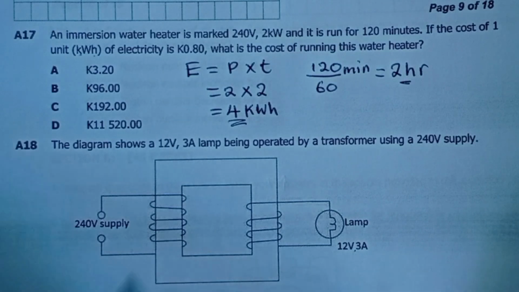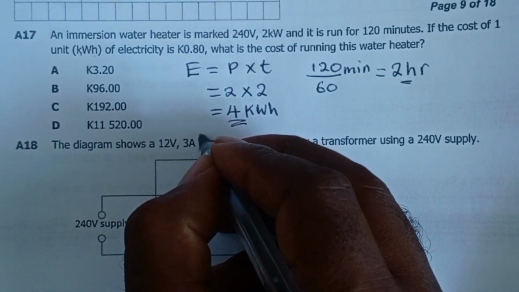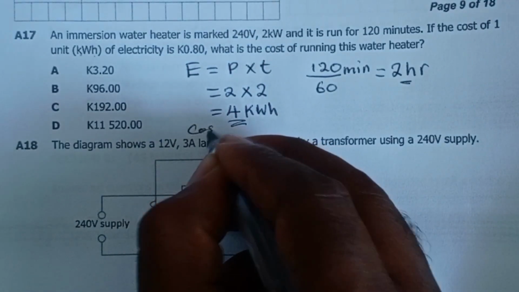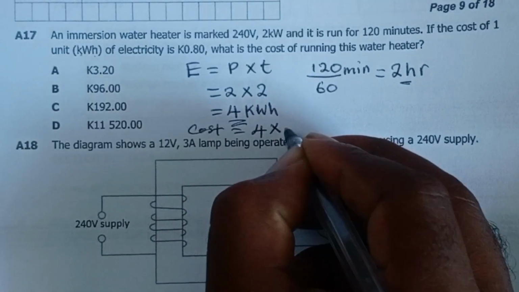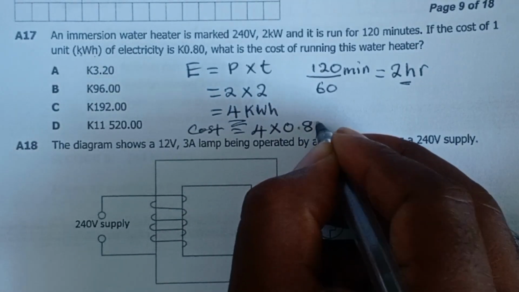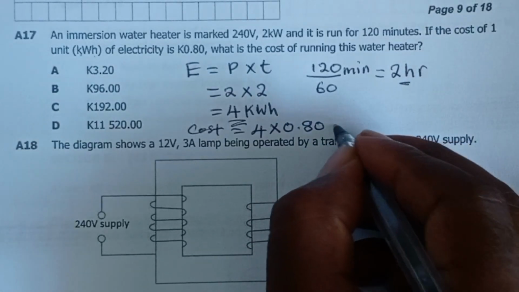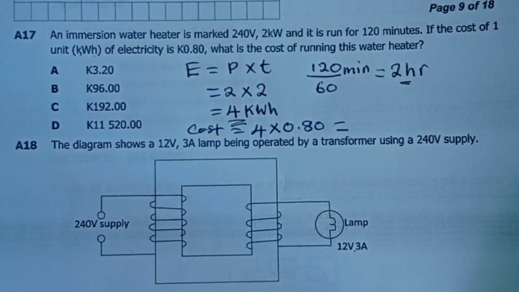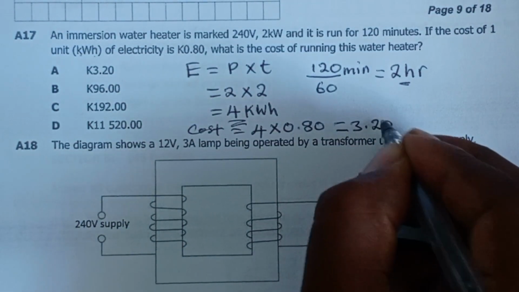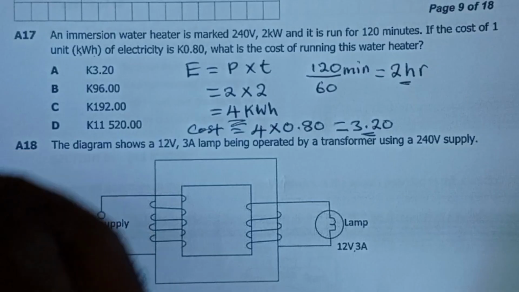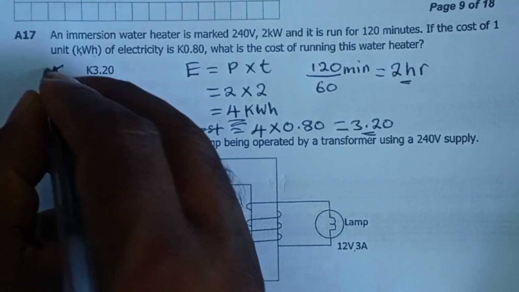So what do we do? Meaning the total cost. So cost is equal to 4 units times per unit, which is 0.80 kwacha. So the cost is simply 3 kwacha 20 ngwe. So the answer is A.